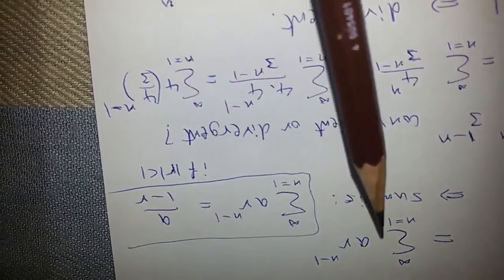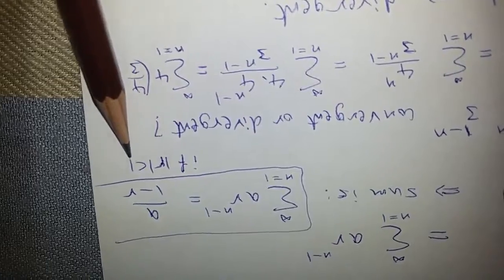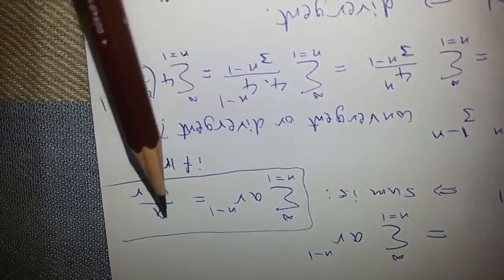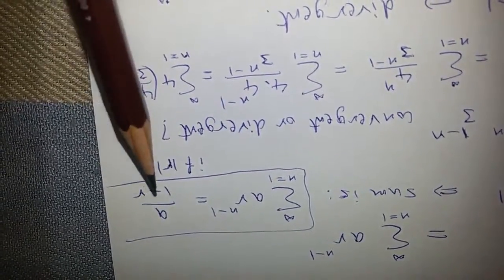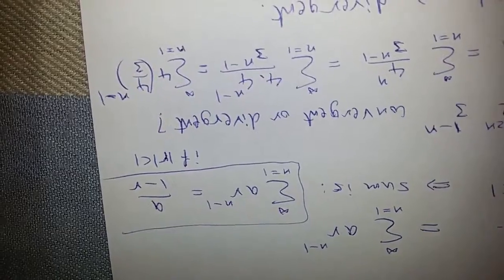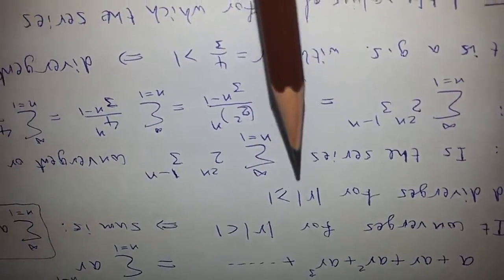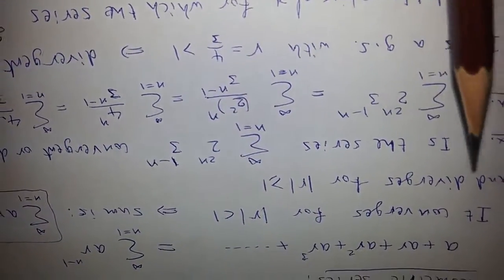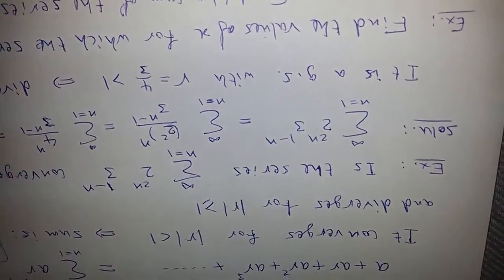The sum of the geometric series, if the absolute value of r is less than 1, which means r is between -1 and 1, would be a, which is the first term, over 1 minus the ratio, which is r. If the absolute value of r is greater than or equal to 1, then this geometric series is divergent.